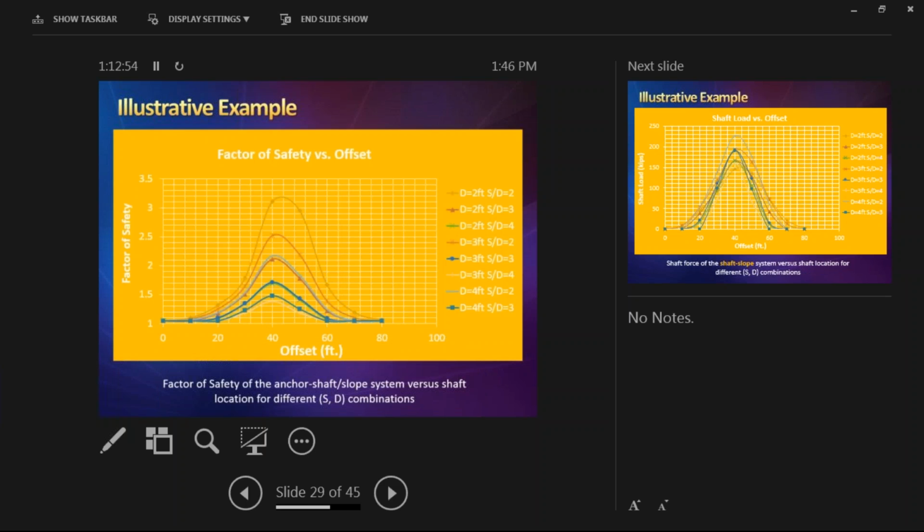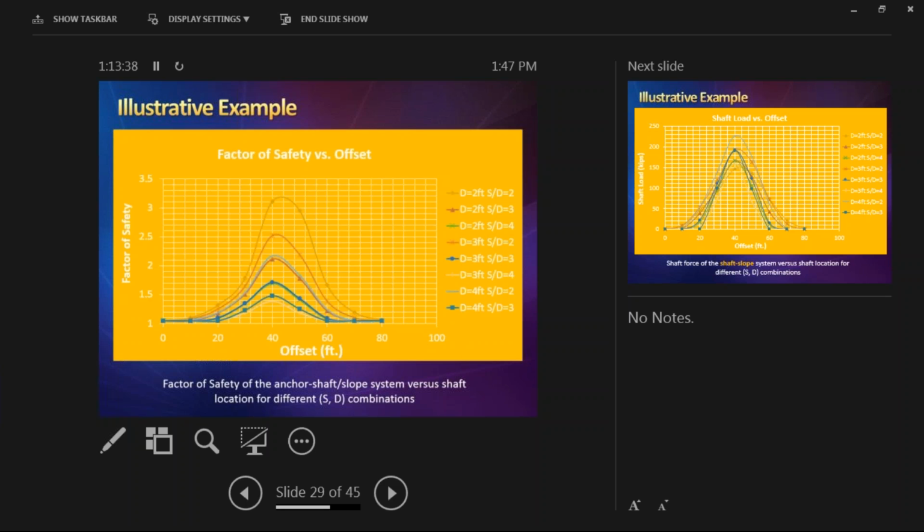Okay, so using UASLOPE 2.3, one of the outputs is the relationship between the factor of safety and the location of the drill shaft. We call it offset. That's the horizontal distance from the crest of the slope. And then you can see we try different combinations of the shaft dimension from 2 feet to 4 feet, and the spacing versus diameter, this normalized spacing from 2 to 4. So you can see the factor of safety as computed for different locations, different shaft dimensions and spacing are shown in this diagram.